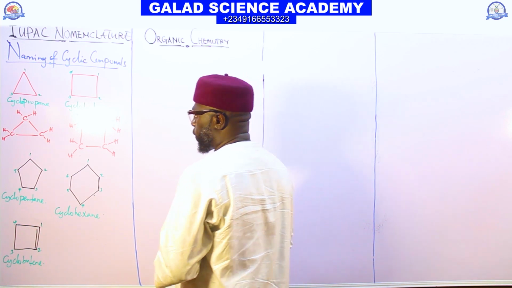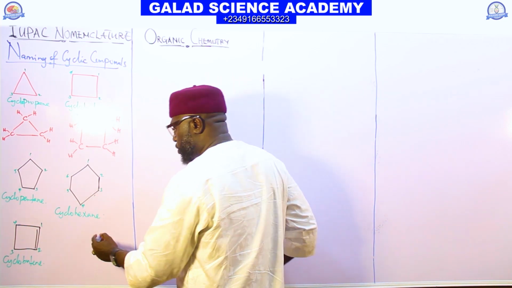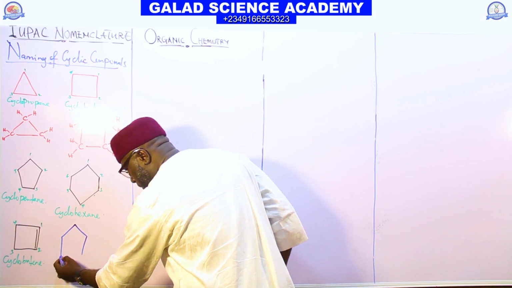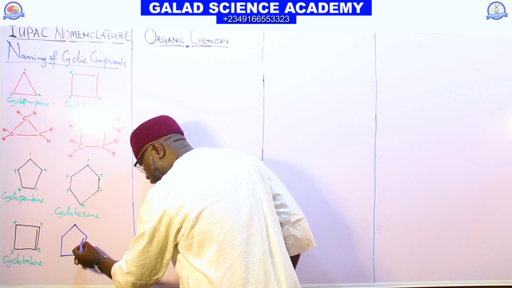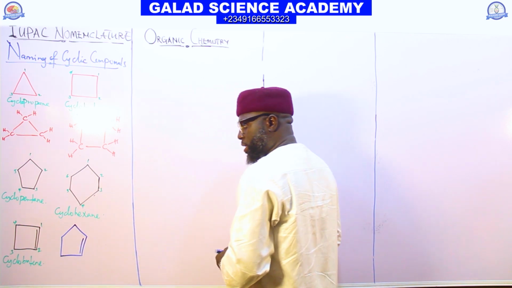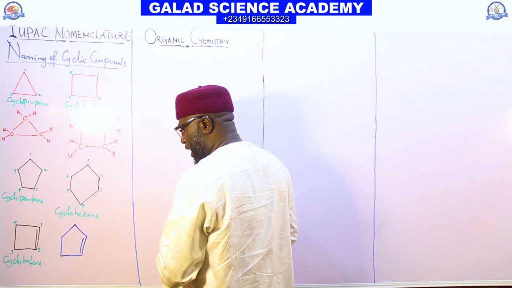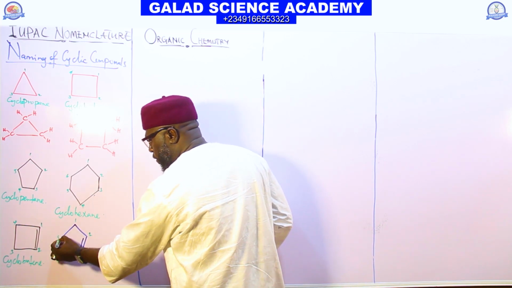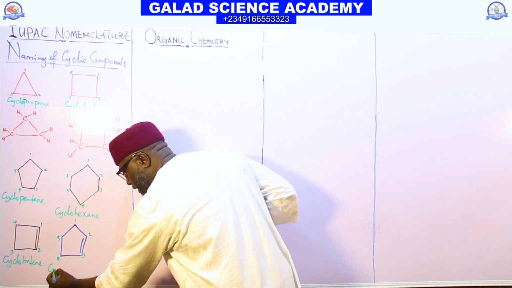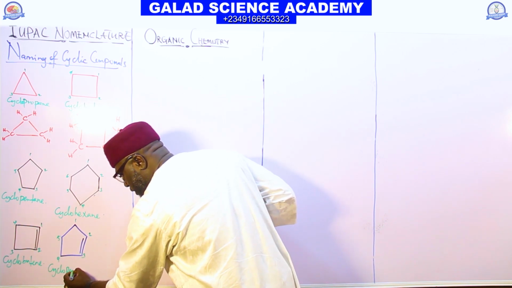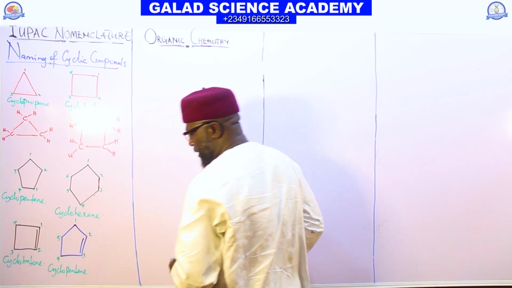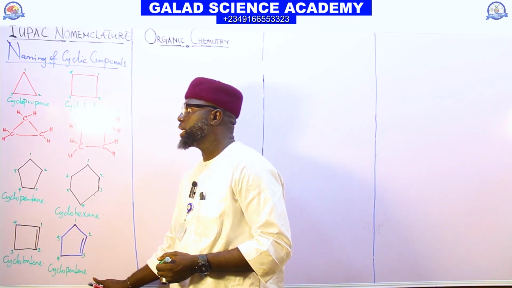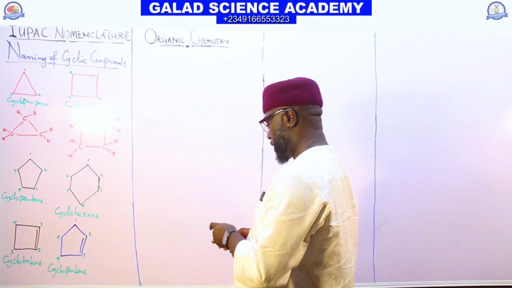Out of this structure, if we have a structure in this form, and here we have a double bond. Look at the shape here, it's 5. 1, 2, 3, 4, 5. The name is cyclopentene, because it's 5.